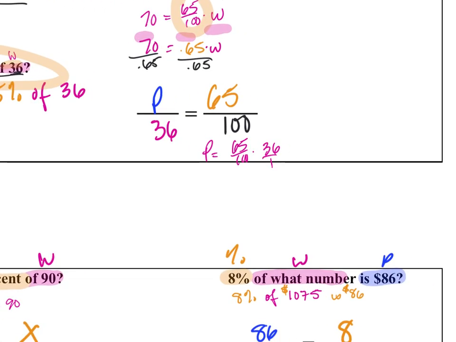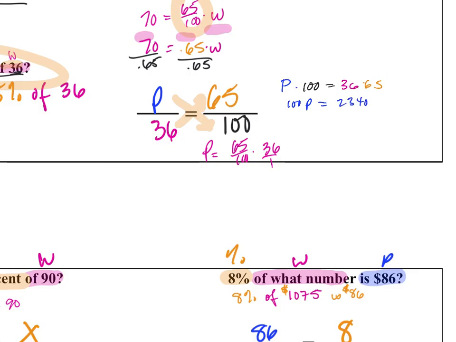Then all you have to do is say, these are my cross products. So I'm going to have P times 100 equals 36 times 65. That means P times 100, or 100P, equals 2,340.